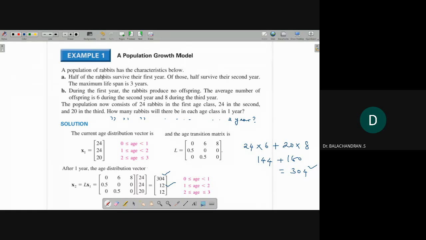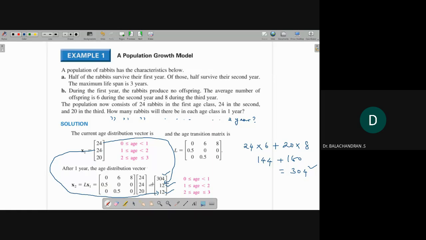Next, again, half of the rabbits survive their first year. So out of 24, this 24 is from 1 to 2. Half of 24 is 12.